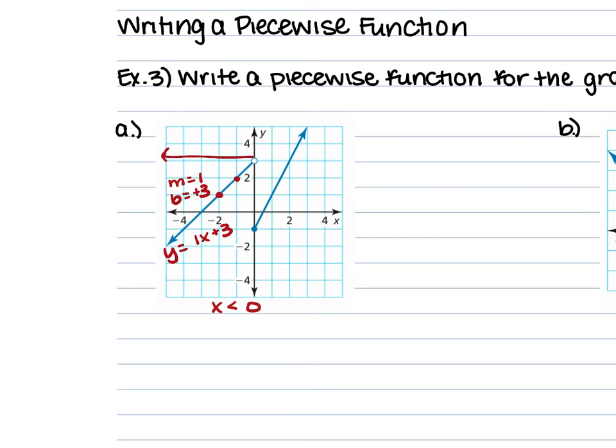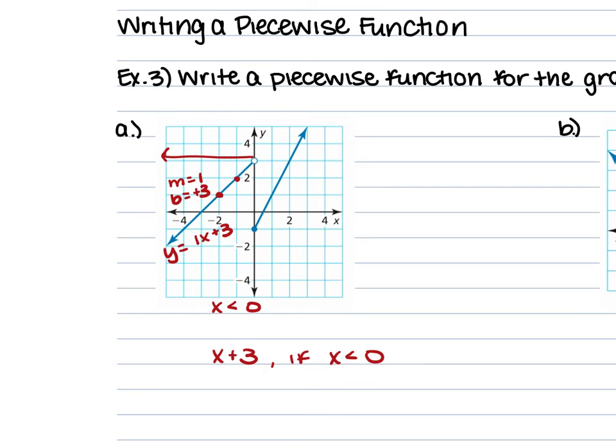Is that circle that's on that 3 open or closed? It's open, so we don't have a line underneath that x is less than 0. So when you go to write this part of your piecewise function, you're just going to include the x plus 3 if, what was your inequality? X is less than 0.